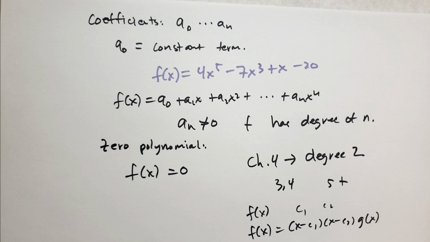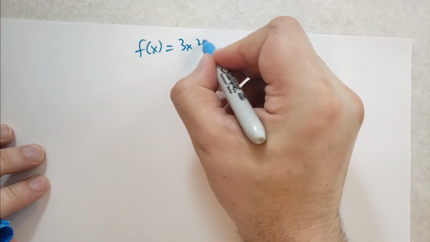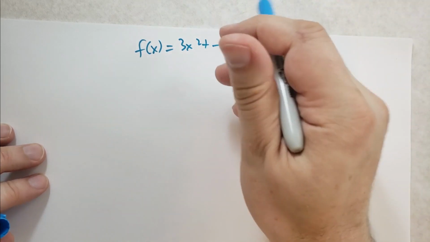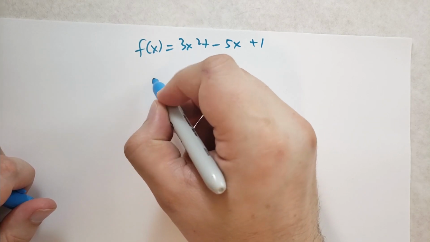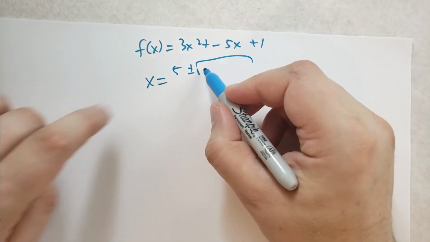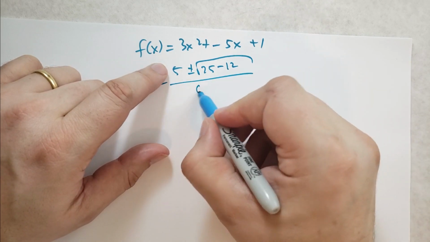So we have an example of how to factorize a polynomial. Let me grab a new piece of paper here. The example: let f of x be equal to 3x squared minus 5x plus 1. In order to find the roots, he notes that we have the solution x is equal to minus b, so that's 5, plus or minus the square root of b squared, which is 25, minus 4ac, minus 12, all over 2a, all over 6.